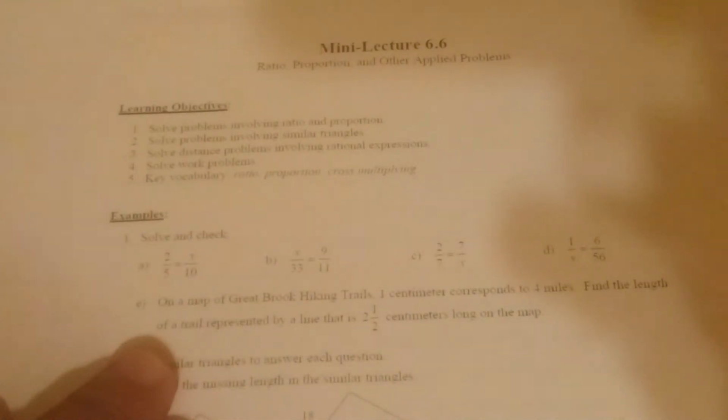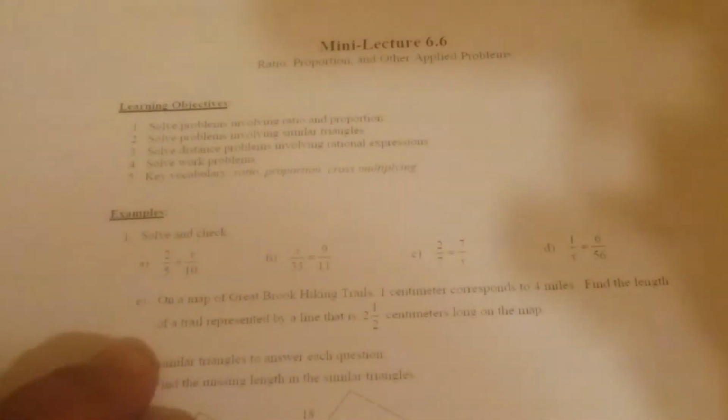So letter E says that on a map of Great Brook hiking trails, 1 centimeter corresponds to 4 miles. It says find the length of the trail by the line that is 2.5 centimeters long on the map. So what they're trying to do here is figure out what the mile is based on the ratio that they gave you, or basically the scaling.